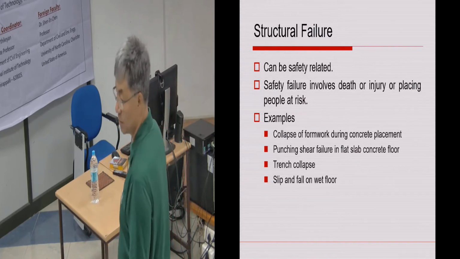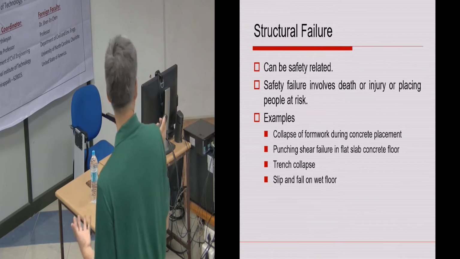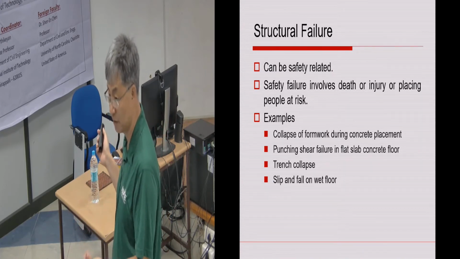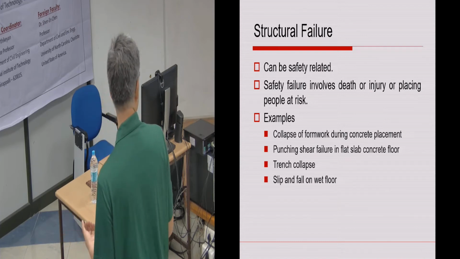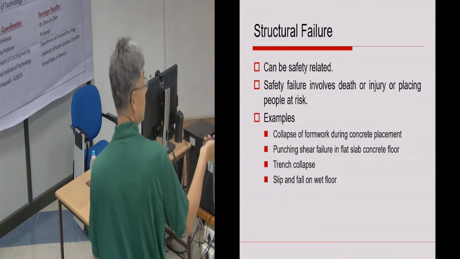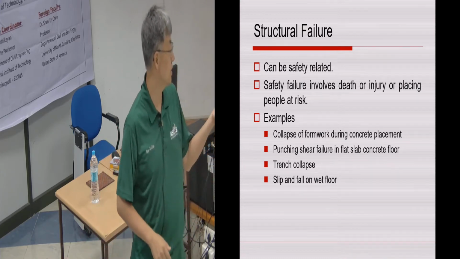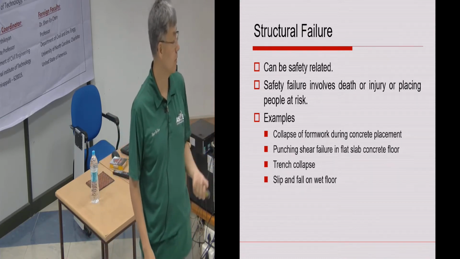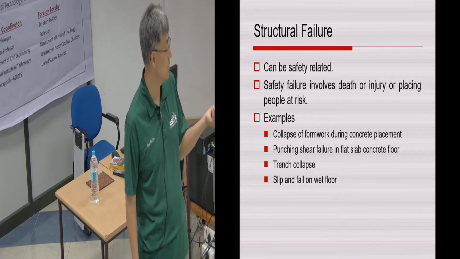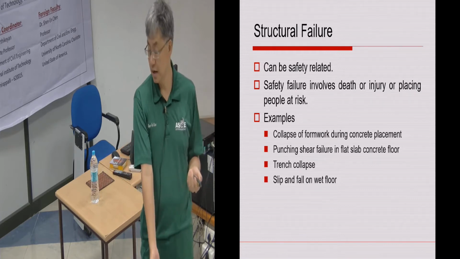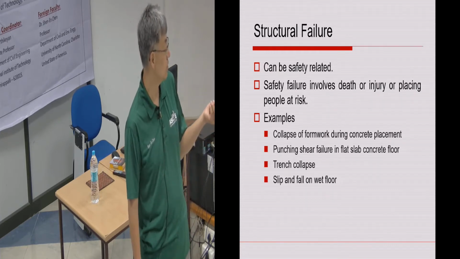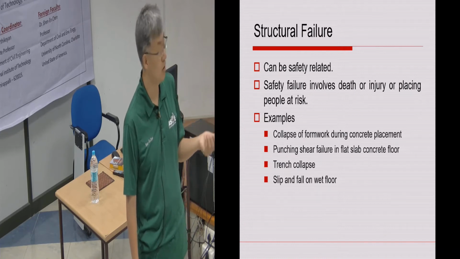This is kind of a repeat. Okay, so safety can be a critical issue if your design fails, or structural failure, and then there are many different kinds of failure modes, such as collapse of formwork during concrete placement. So this is going a little bit specific. Punching shear of a flat floor system or wall system. Trench collapse, slip and fall on a wet floor.